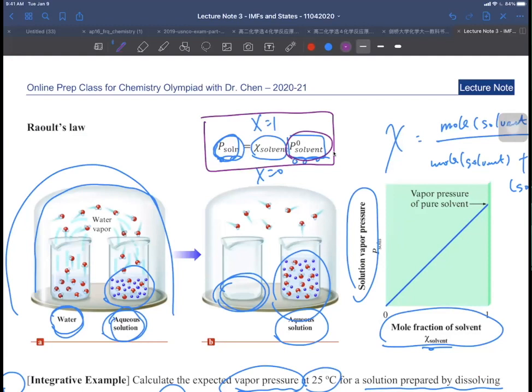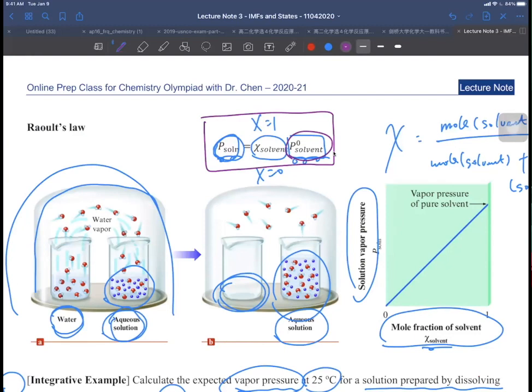Can we say, except for the regular intermolecular forces among the solvent molecules, in the solution there are some extra intermolecular forces between the solvent molecules and the solute, right? Because you add some solute to the system, there will be some extra interaction which will make the solvent molecules harder to vaporize.